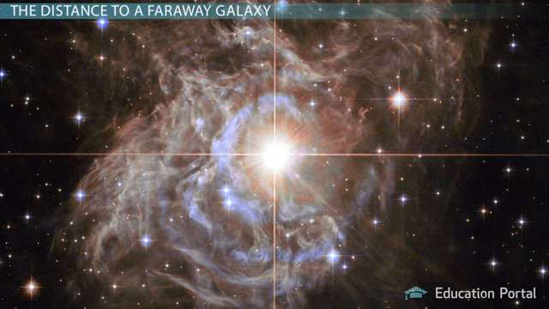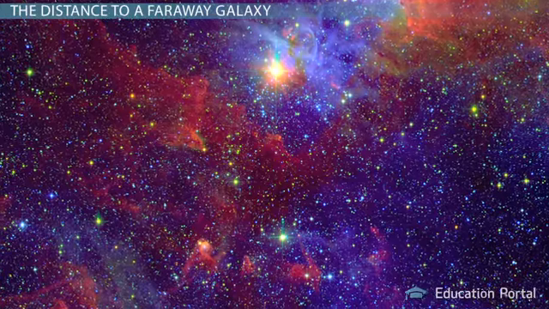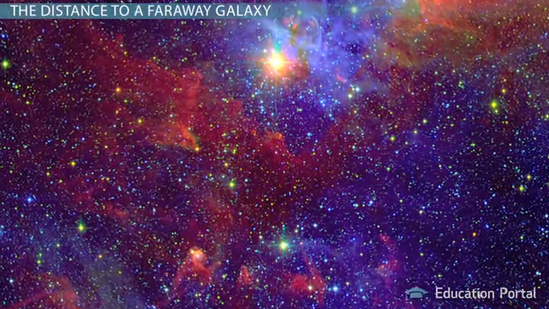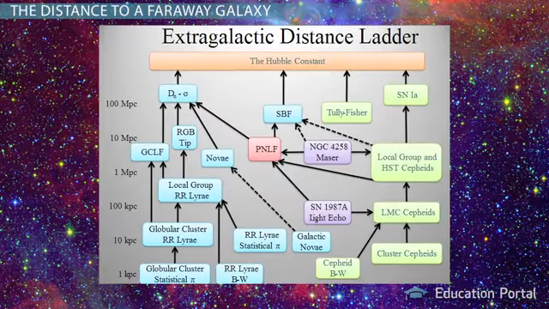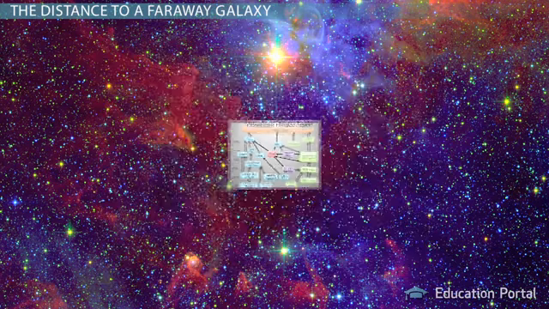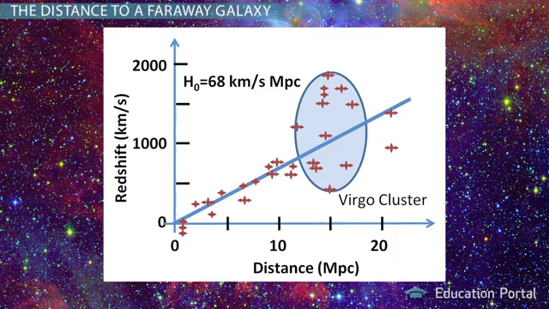Very distant galaxies, those beyond 30 megaparsecs, cannot rely solely on Cepheids for distance measurements. Instead, astronomers have to calibrate the distance by using nearby galaxies and their standard candles as guideposts for galaxies further out. Another way to find the distance to a galaxy is by using the Hubble Law, which is the subject of another lesson.